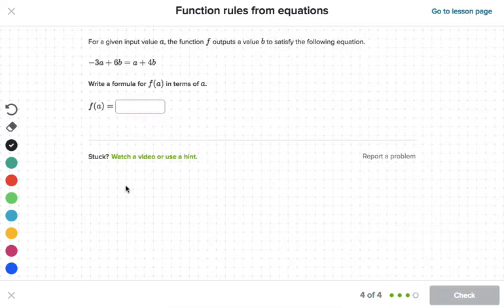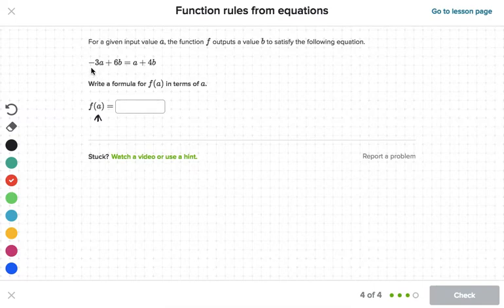Okay, I hope you're starting to get the hang of this. Again, remember, your input variable is a, therefore your output variable is b. You need to solve for b. With this one, similar to the second problem we chose, we're going to do both at the same time. We're going to make sure that our b is on one side and our a is on the other.